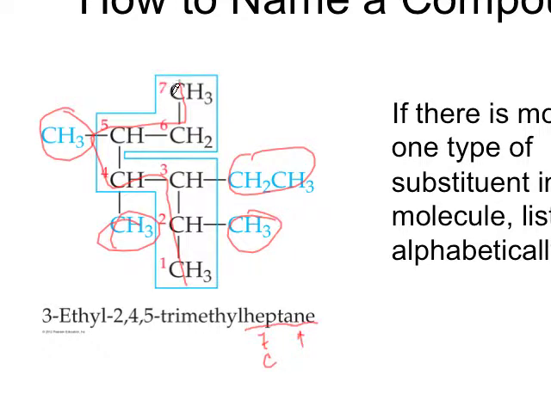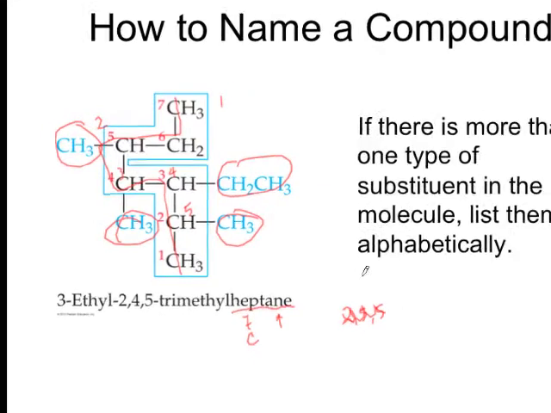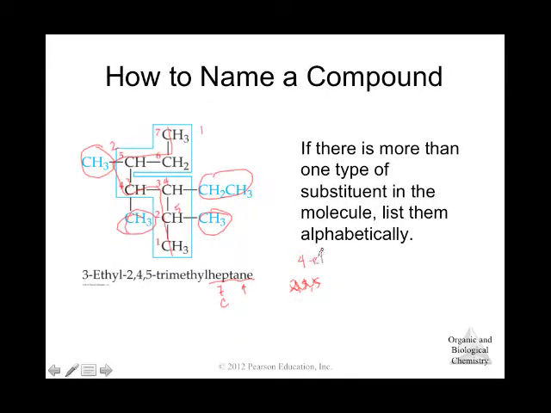So if I had started at the other end, 1, 2, 3, 4, 5, then my substituents would be 2, 5, 5, ethyl comes before methyl, so that's why it's first, 4-ethyl, we'll go back over this in a minute, 2, 5, 5-trimethyl, heptane.